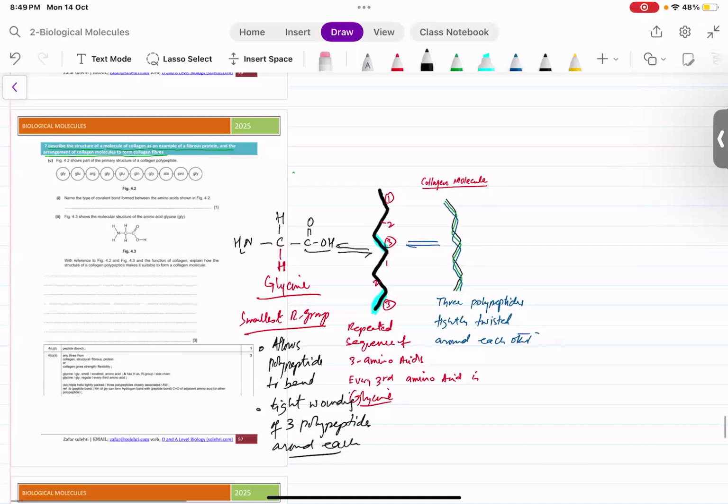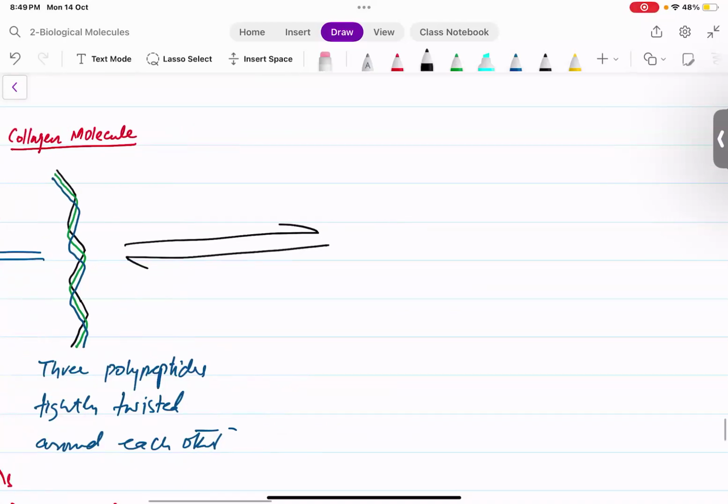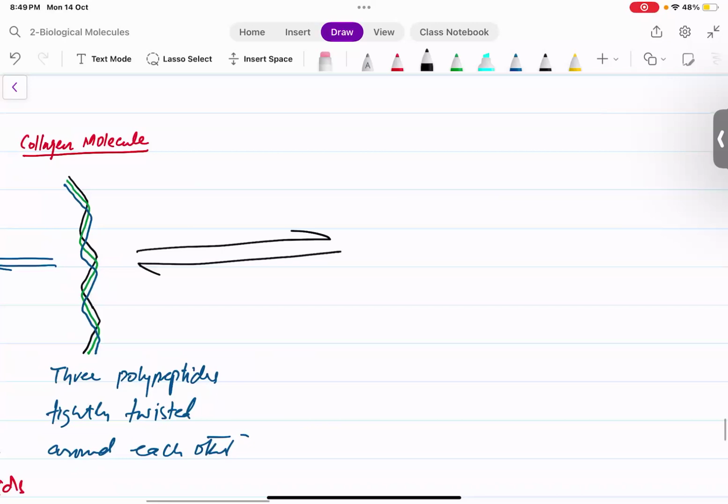Now, many such collagen molecules are held parallel to each other in a collagen fiber.